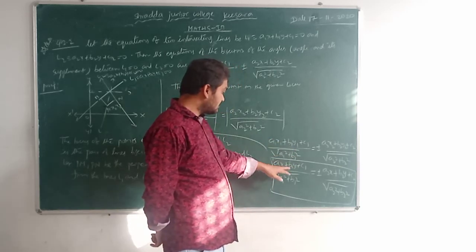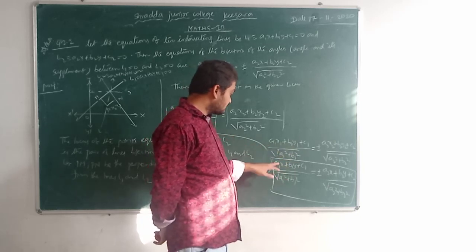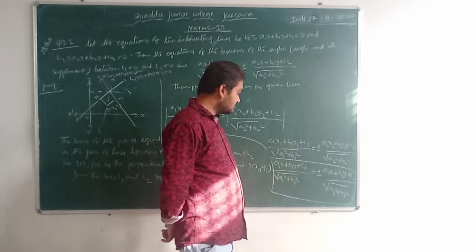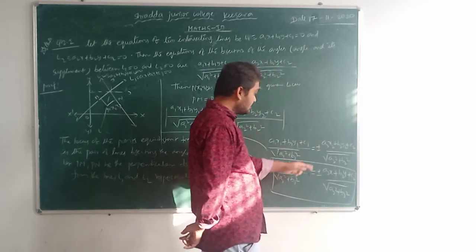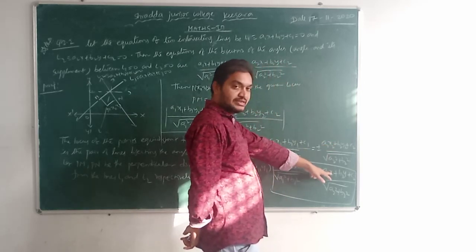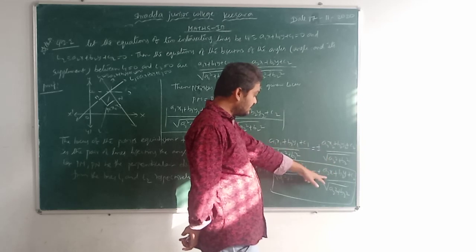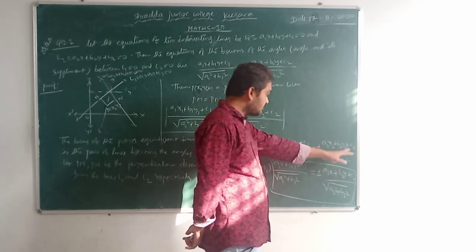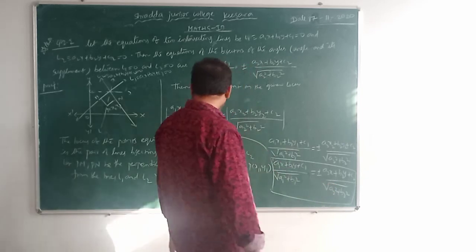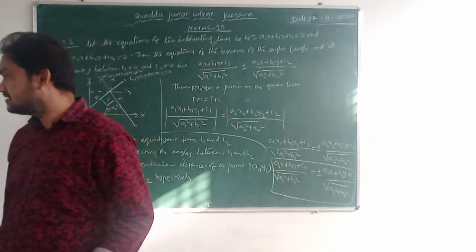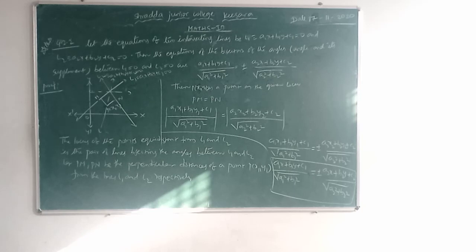Then a1x plus b1y plus c1 by square root of a1 square plus b1 square equals plus or minus a2x plus b2y plus c2 by square root of a2 square plus b2 square. So this is also a very important problem.